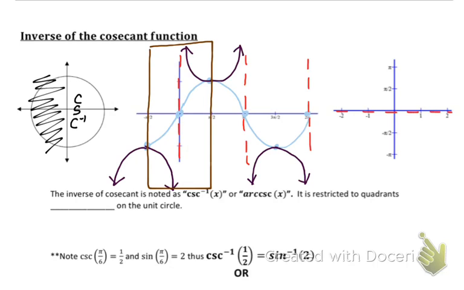Then I'm going to note this point up here is pi over 2, 1. That point right there is pi over 2, 1. This point right down here is negative pi over 2, negative 1.